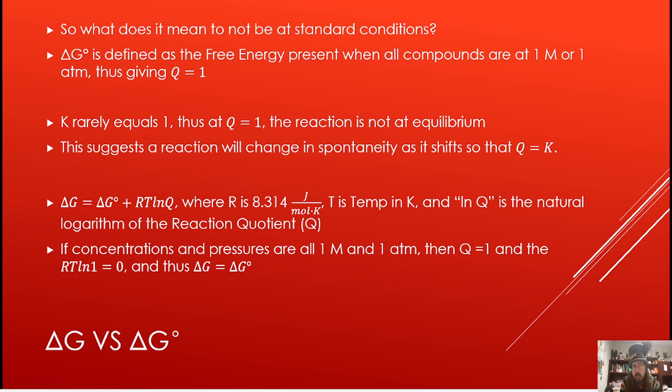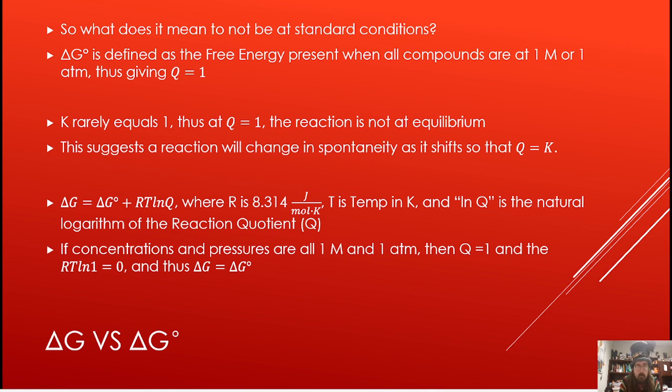Bringing it back to Le Chatelier's again. Le Chatelier says if you add more reactants, you're going to go towards products. Well, if you add more reactants, your ln of Q becomes negative. You add a negative RT ln Q to the Gibbs free energy. What happens to the Gibbs non-standard? It becomes more negative.